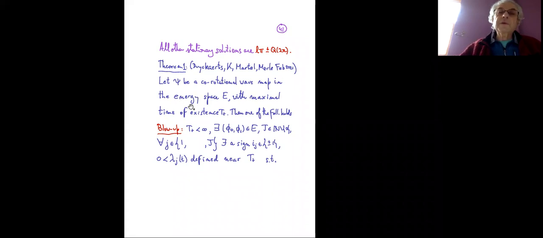So if psi is a corotational wave map in the energy space with maximal time of existence t plus, then one of the following holds. Suppose that t plus is finite, so that the solution blows up in finite time. Then there's a fixed element of the energy space, the radiation term.